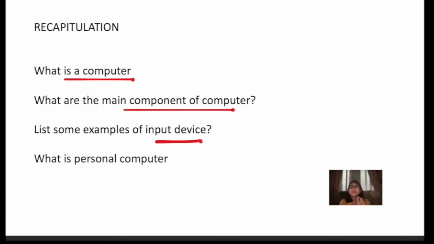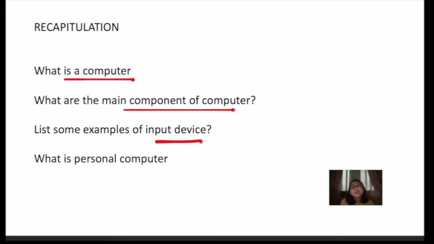A personal computer is also known as a desktop computer, and it is used as a personal computer where we can store our data, and also use it for other purposes, for communicating data, or creating output also.